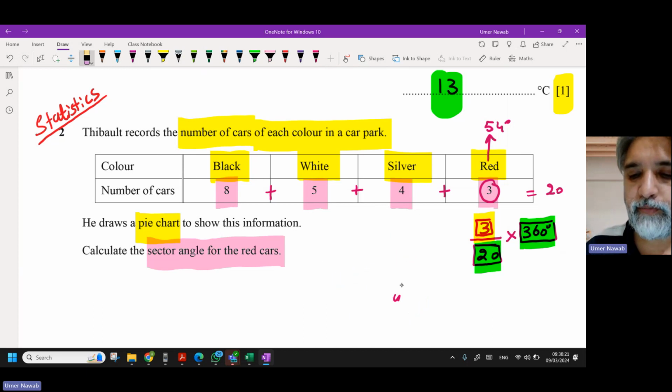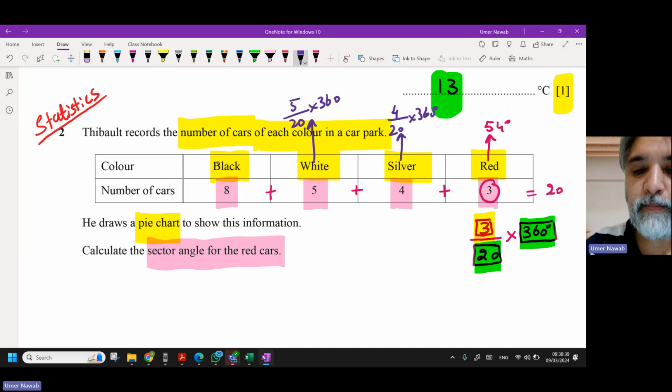In general, to draw a pie chart, you need to know the angles. So for silver, 4 over what total? 20 times 360, you can get an angle. 5 over 20 times 360 degrees, you can get an angle for the white, the sector representing white.